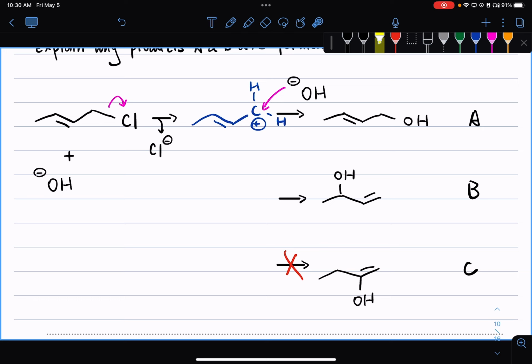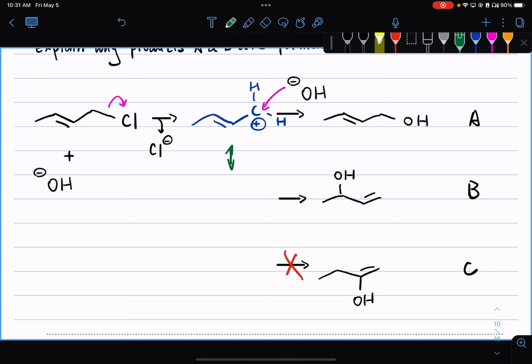Now the question comes, why is B formed and C is not? So if we look at this allylic compound, we know that the carbocation can be delocalized because this is an allylic compound. You can draw resonance structures of this allylic compound.